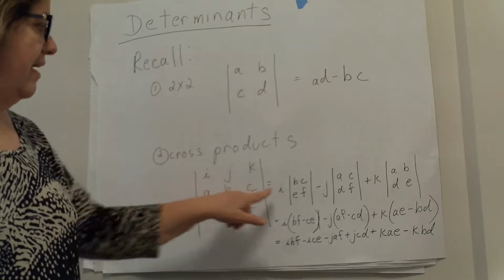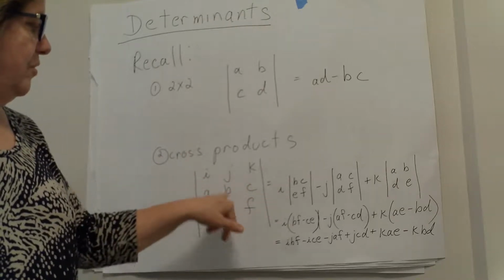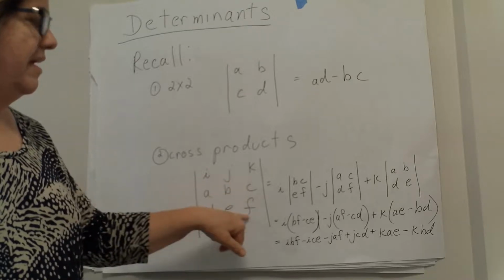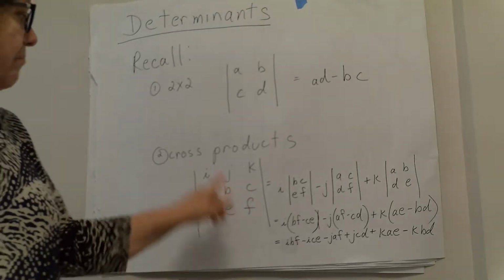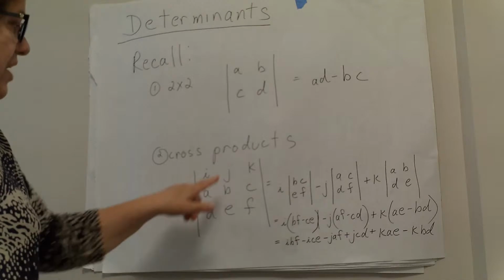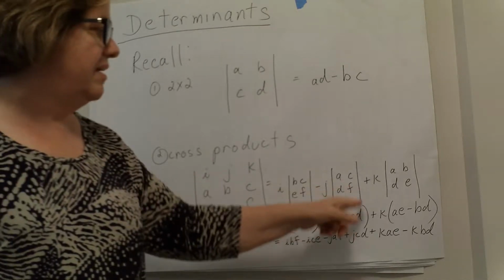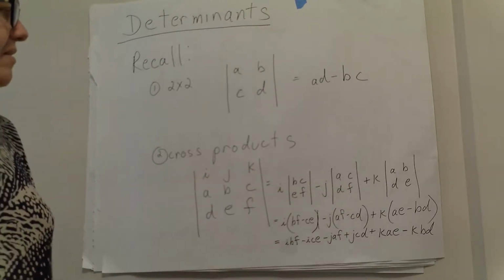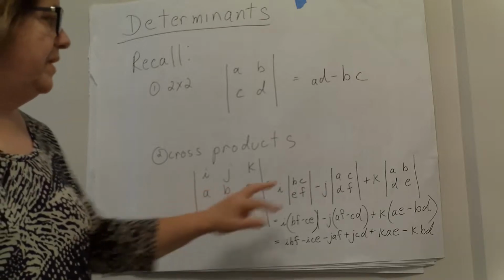You said i times the determinant of BECF, minus, you had to have a minus, j times the determinant ADCF, plus k times the determinant of ADBE.